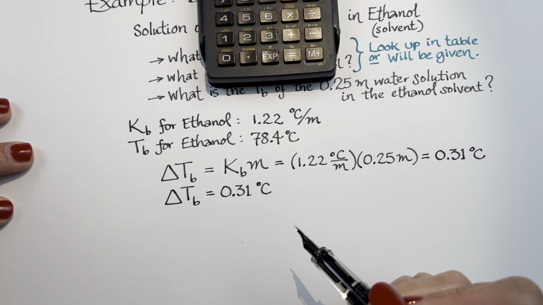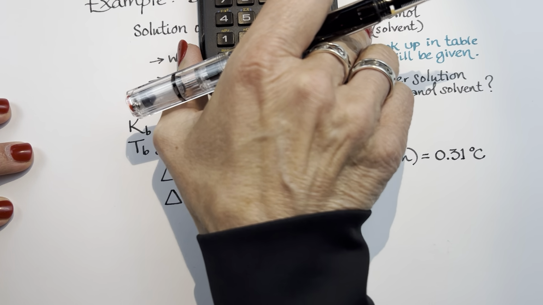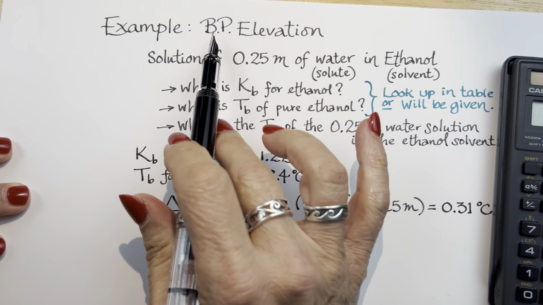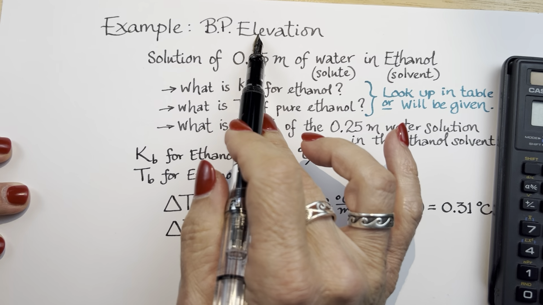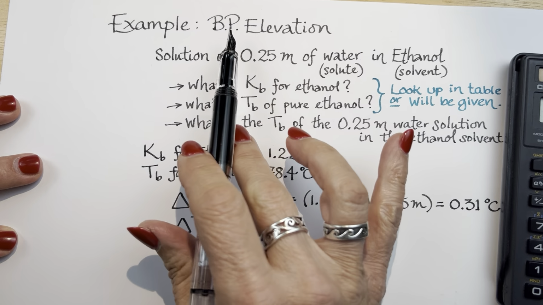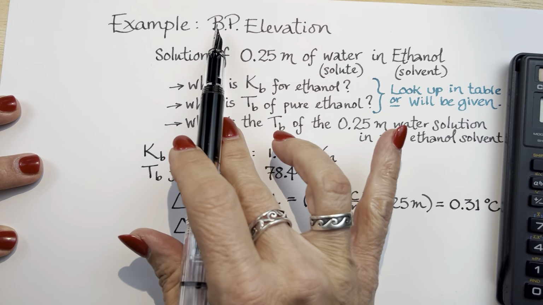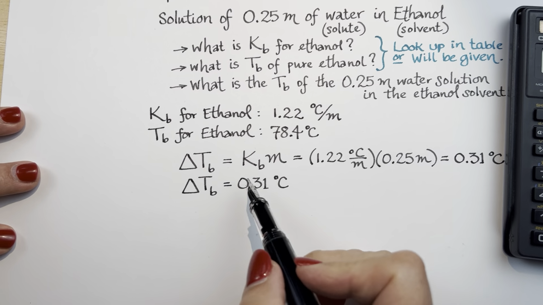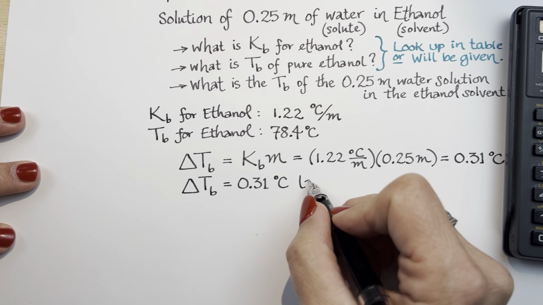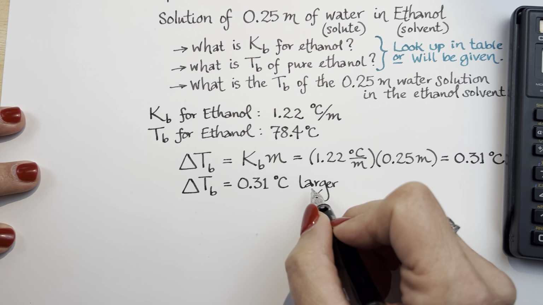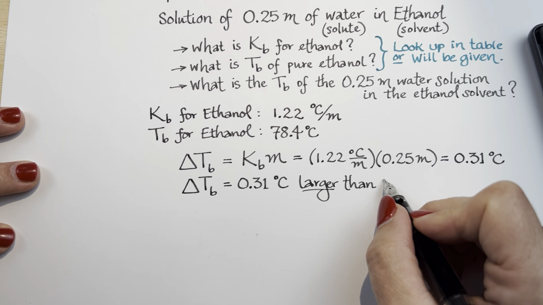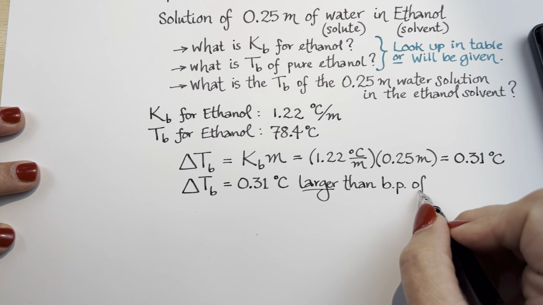And the answer to that question lies in the fact that we know that the boiling points are always getting elevated. They are going up. So by virtue of asking about the boiling point, it means that this change is this much larger than the boiling point of pure ethanol.